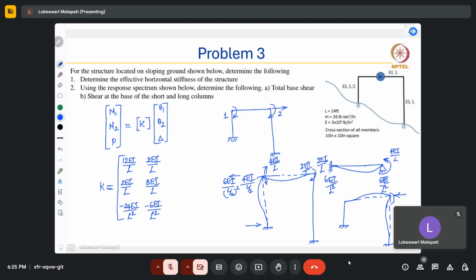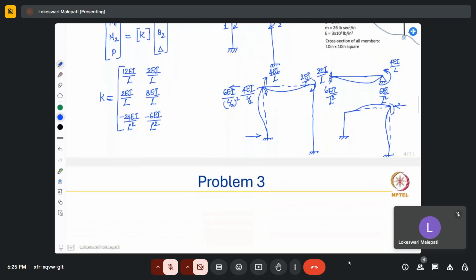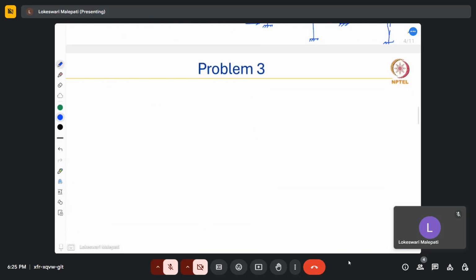Okay, similarly we can write down for the displacement, corresponding to the displacement degree of freedom. So this is where the unit displacement is applied.